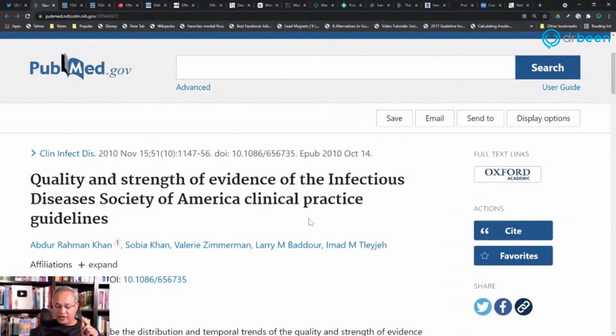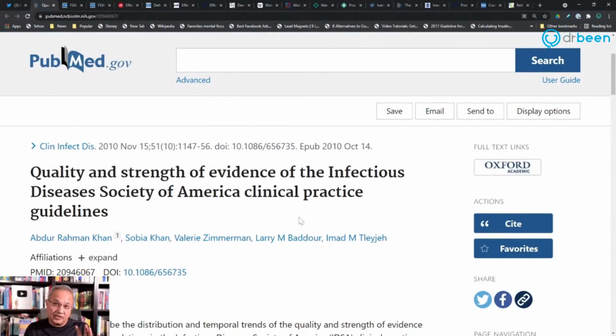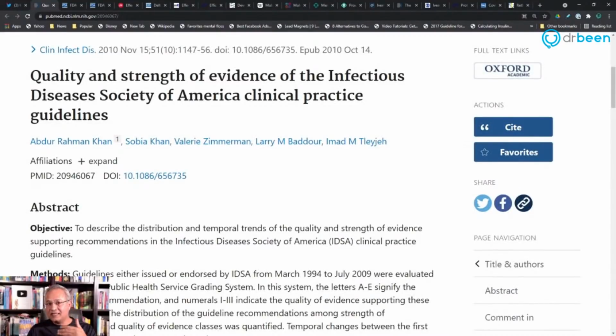Quality and strength of evidence. Check this out. Quality and strength of evidence of the Infectious Disease Society of America, American Clinical Practice Guidelines. So the Infectious Disease Society of America, what is their guideline made up of? What kind of studies and observations people have reported based on which drugs get approved?